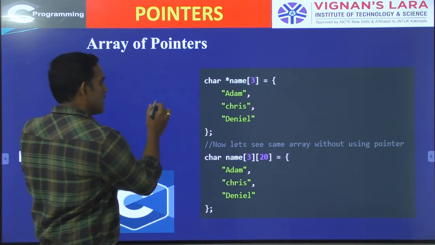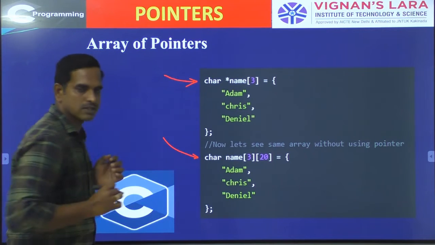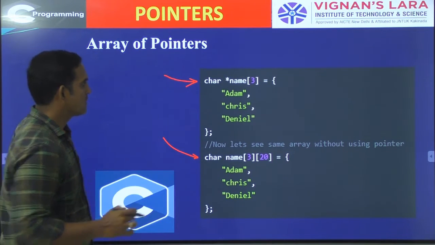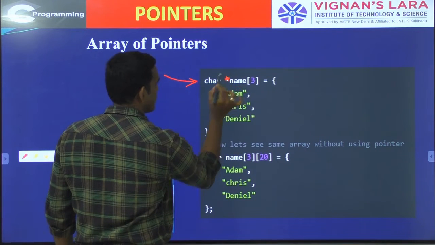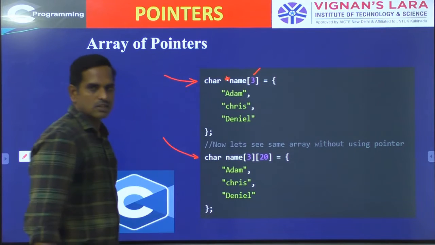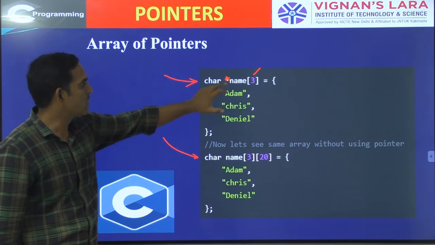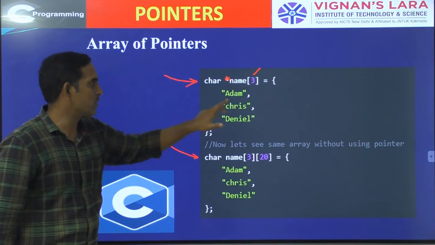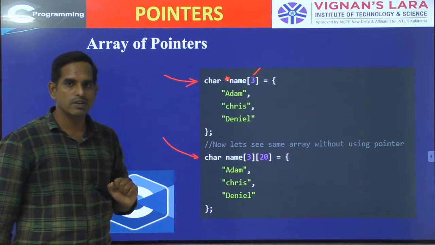So this is an array of pointers, and this is an array of strings. Both are the same. In the array of pointers, you have created a pointer array of 3 strings. Name of 0 will point to Adam, name of 1 will point to Chris, name of 2 will point to Daniel.